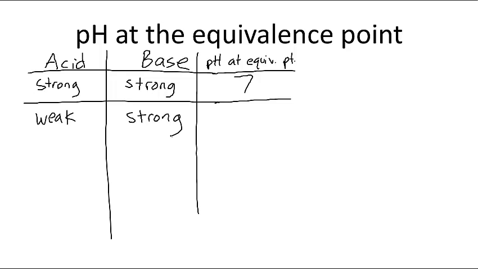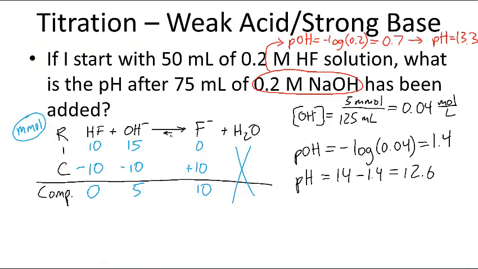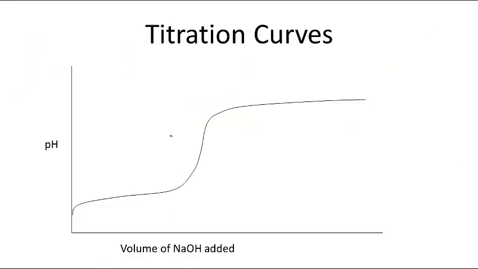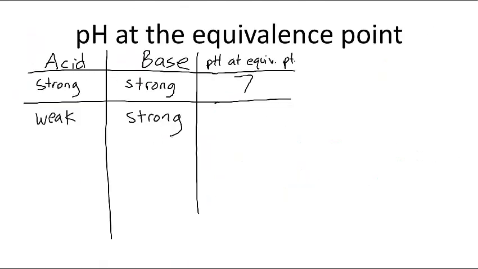We did the calculations for an example where we had a weak acid and a strong base. And the pH of the equivalence point was 8.07. In general, if you have a weak acid and a strong base, who's going to win the fight if there's equal numbers of them? The base. So here the pH will be greater than 7.